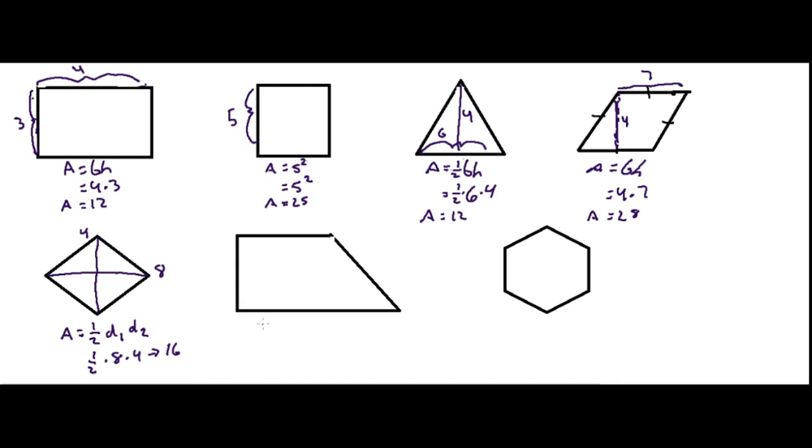Now the area for a trapezoid is going to be equal to 1/2 the height times base 1 plus base 2. So let's say the height is 2, the base 1 is equal to 5, and then the length of base 2 is equal to 8.